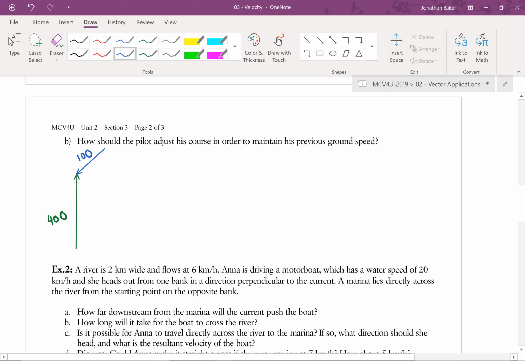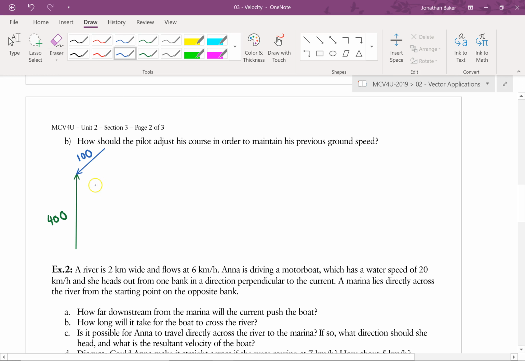The reason is because we're trying to figure out how we should compensate for this wind. So we're going to have to point our plane a little bit into the wind. So it should make sense that we're going to be drawing a vector kind of in this direction, in order to account for the wind, so that its push isn't as strong.